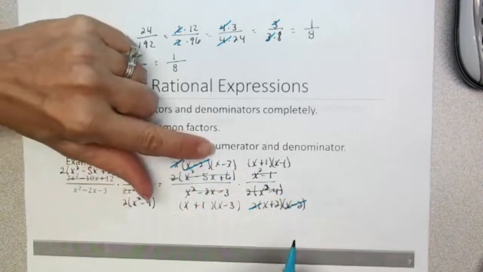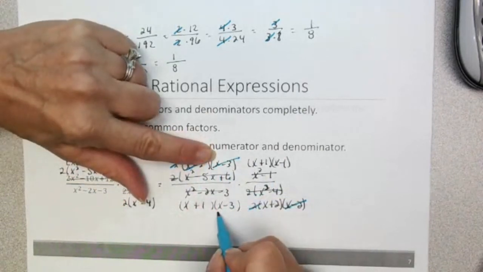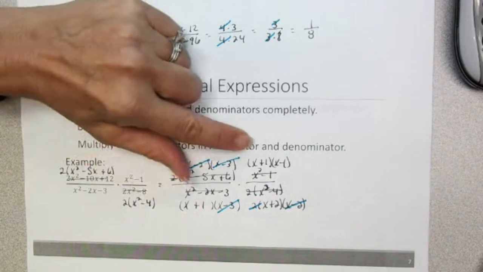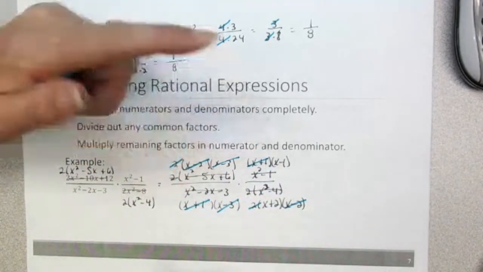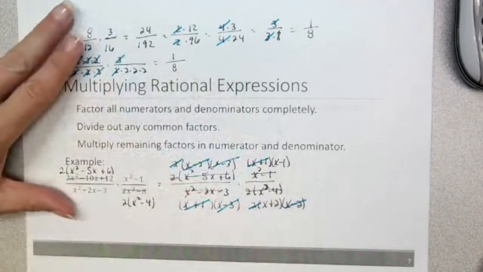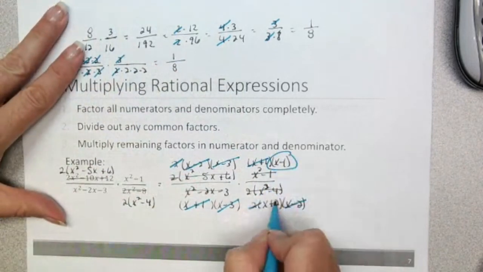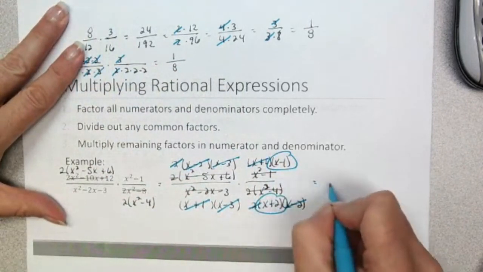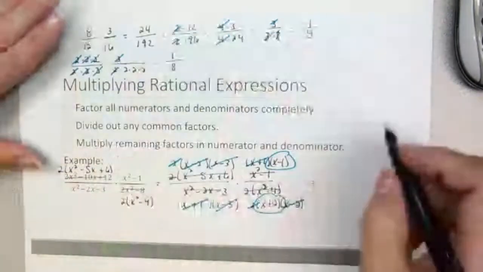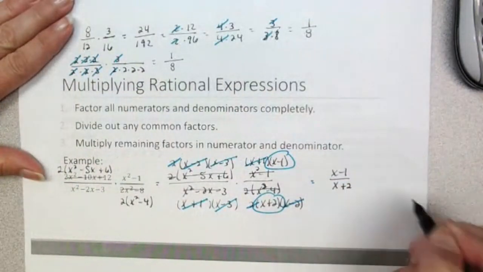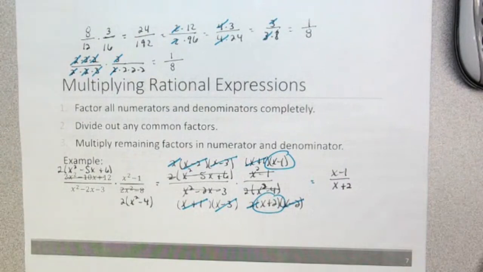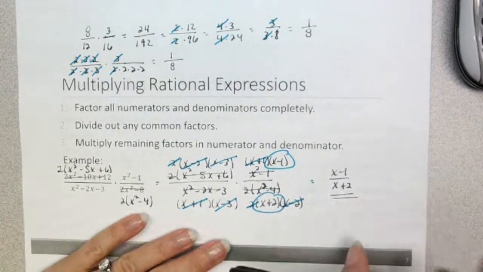Those will divide out. There's an x minus 3 in the numerator and the denominator, and an x plus 1 in both as well. So what are we left with here? x minus 1 over x plus 2. Once we simplify the rational expression.